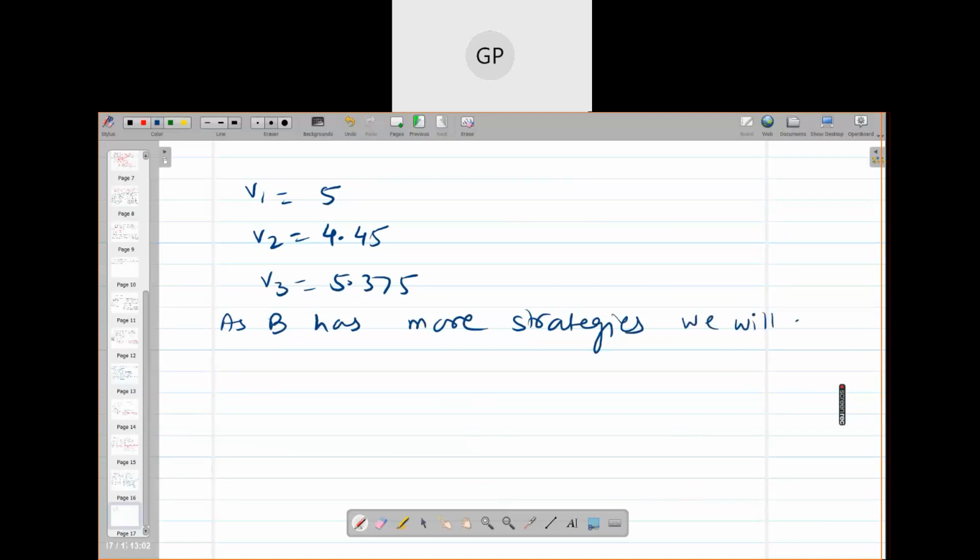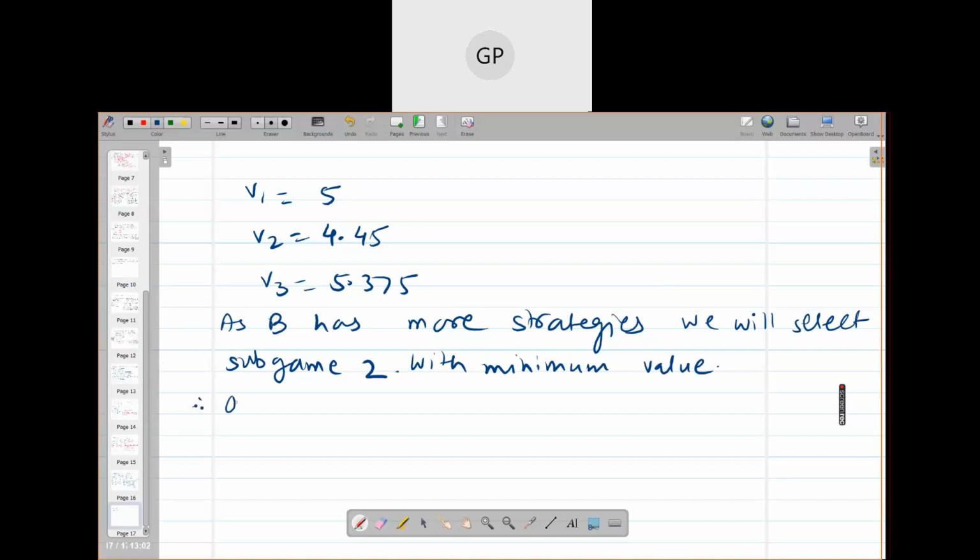We will select subgame 2, with the minimum value. And accordingly we will write the strategies. That means B1 was not taken by us in subgame 2.